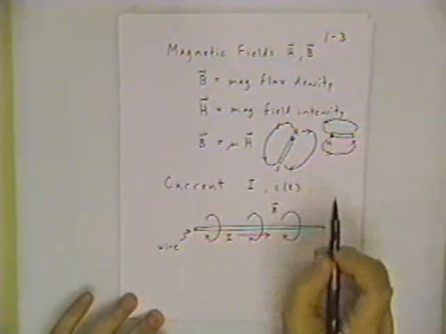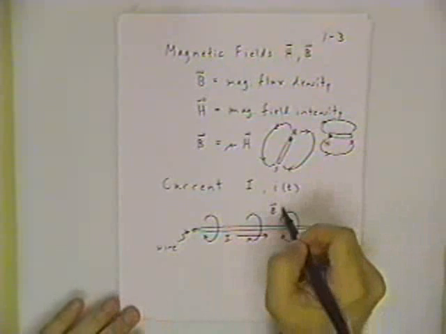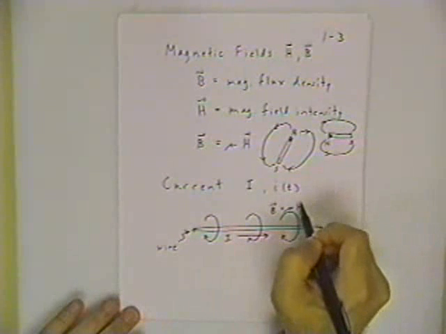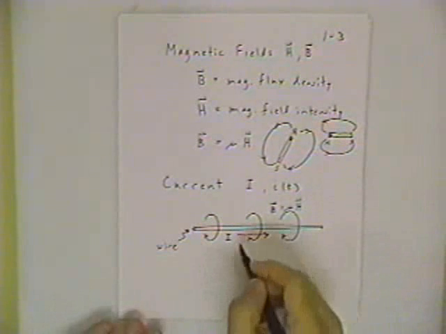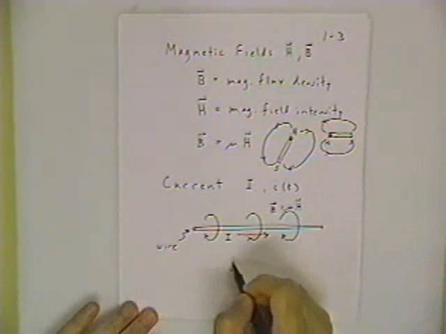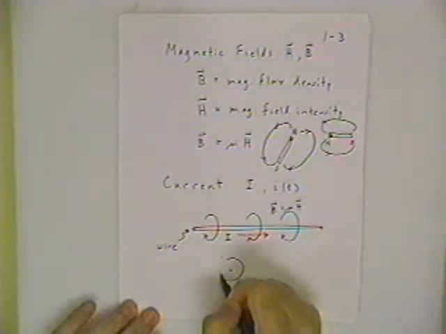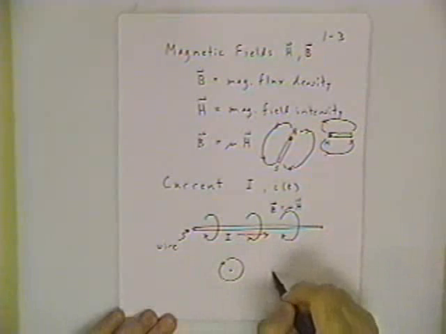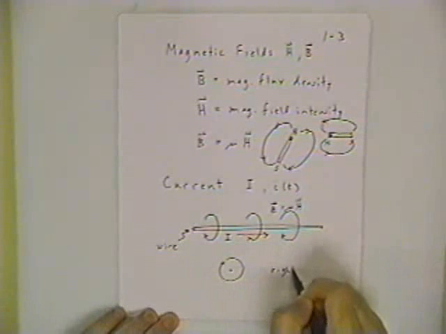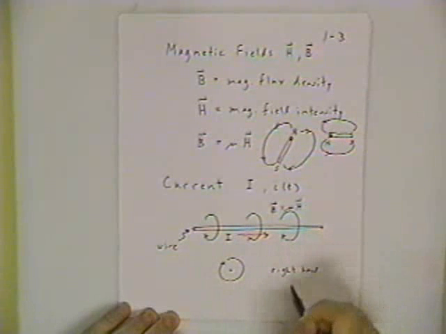And this is the magnetic field B equal to mu H that we talked about just before. If you were looking down the axis of the wire, you would see these magnetic field lines as completely closed circles.